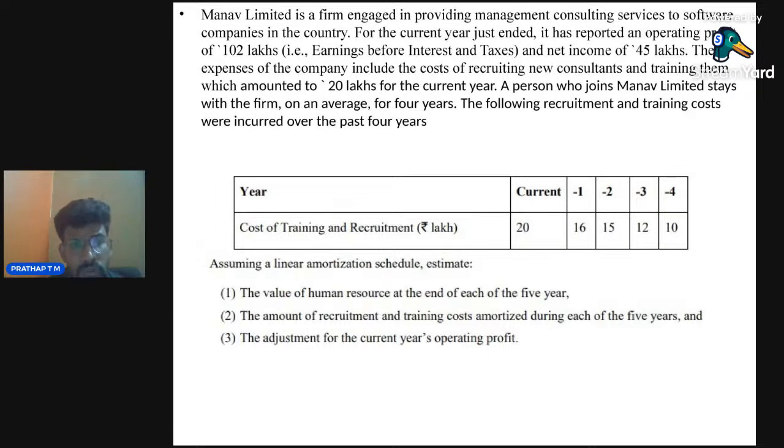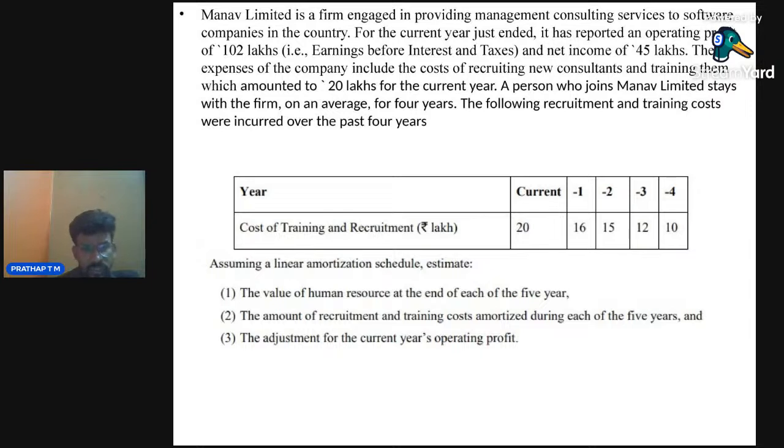We have to assume a linear amortization schedule. Here you have to understand amortization: just as we charge depreciation against physical assets, we charge amortization against an intangible asset.